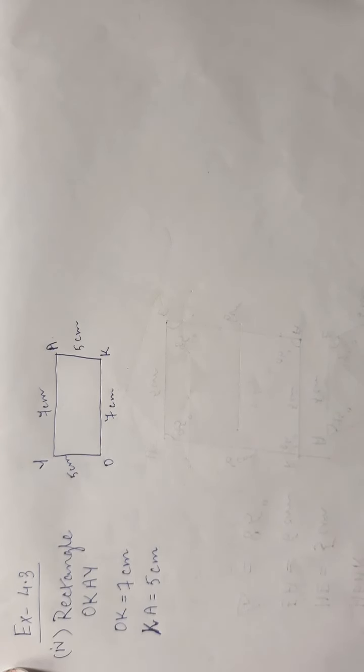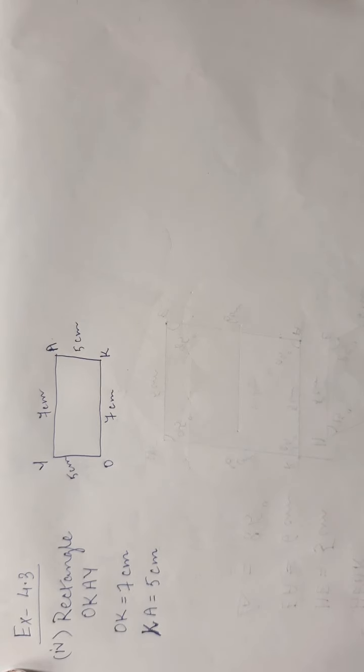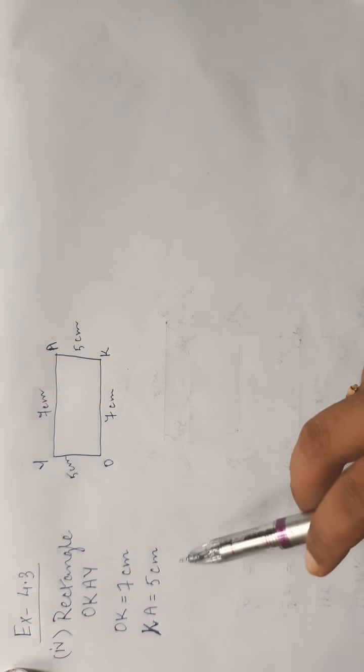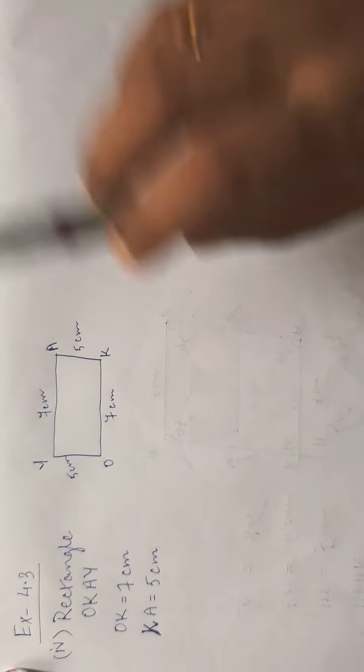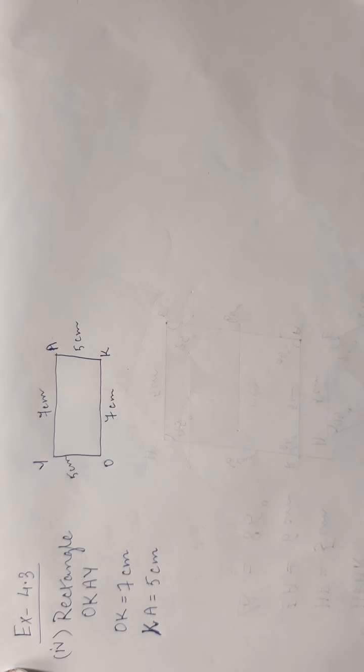And so children, in this exercise, you were always given angles and also sides to make the construction. But here, for the rectangle, just the sides are mentioned. So what will be the angles?